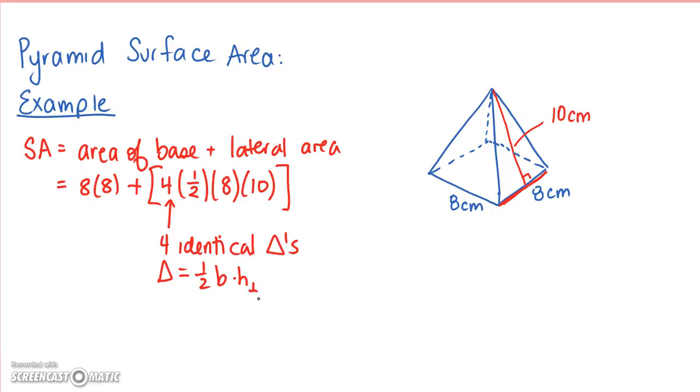So that's where this formula comes from. So we know that the area of our base is going to be 64, and if you go 4 times a half is 2, 2 times 8 is 16, and then multiply by 10, so you get 160. So if you have 160 and you add your 64, your surface area is 224 units squared. And you can leave it like that for your area. And in this case, actually, sorry, those should be centimeters squared because they give you units.